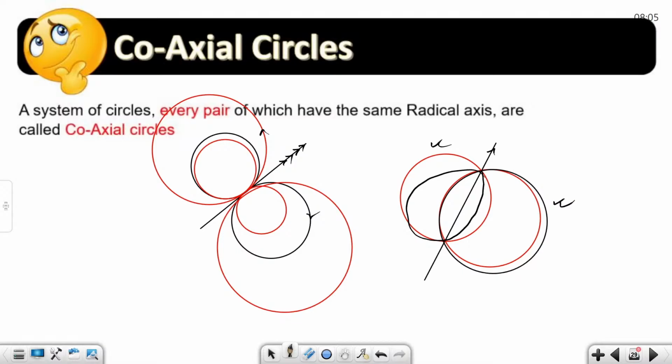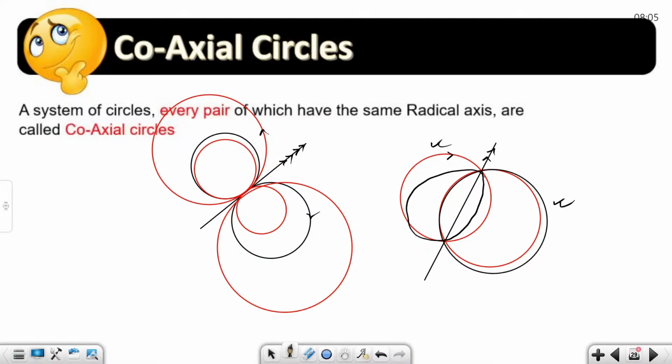So coaxial circles are basically a family of circles which are passing through the point of intersection of one given circle and the radical axis. Any one circle you take, because the radical axis is going to be the same for these two circles.